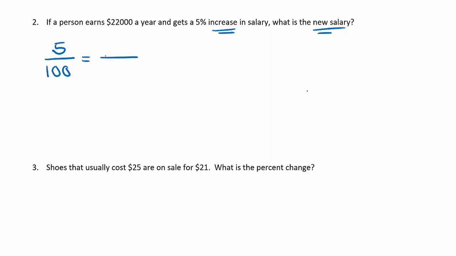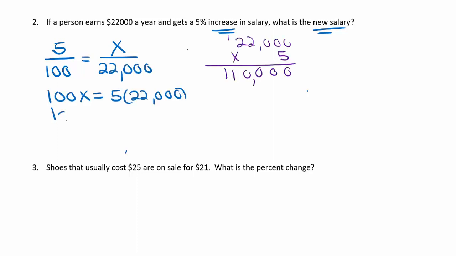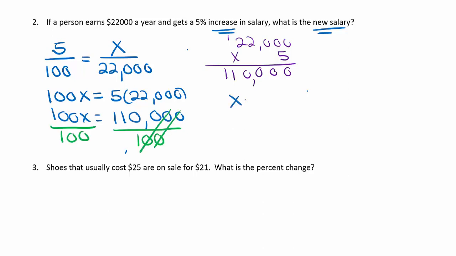And when you're finding a percent increase, you're finding a part of the total. The raise is a part or a fraction of that overall salary of $22,000. So I set the cross products equal, and I get 100x equals 110,000. Divide by 100, and x equals 1,100.